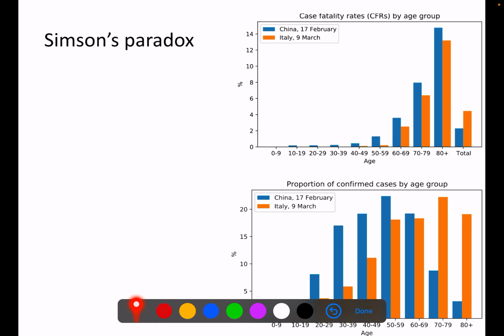Shouldn't you want each age group to have the same number of samples? So basically here, what we do in this graph at the bottom is that, let's say in Italy we have a total of 1,000 patients, 1,000 people who were confirmed to have COVID, right?